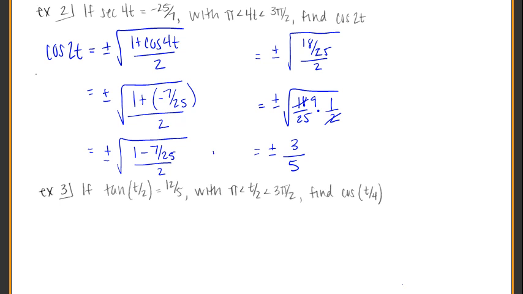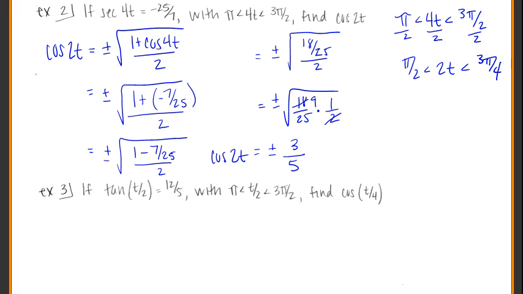Okay, so we just found cosine of 2t equals this. But do we go plus? Do we go with minus? Well, I know that it tells me that 4t is between pi and 3 pi over 2. So where is 2t? Well, 2t then is between pi over 2 and 3 pi over 4. So in this interval right here, where are my x values?